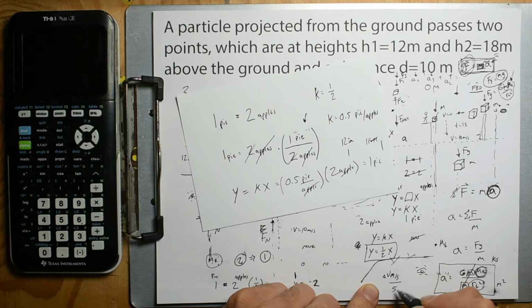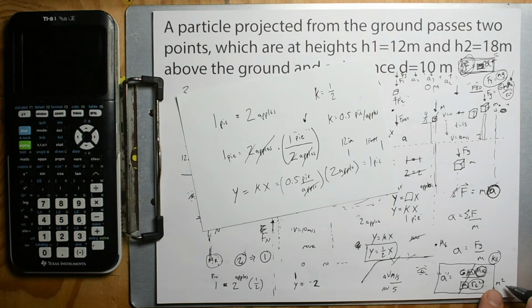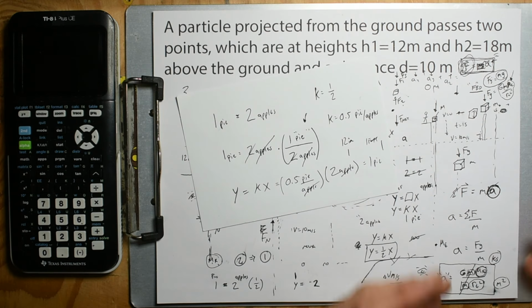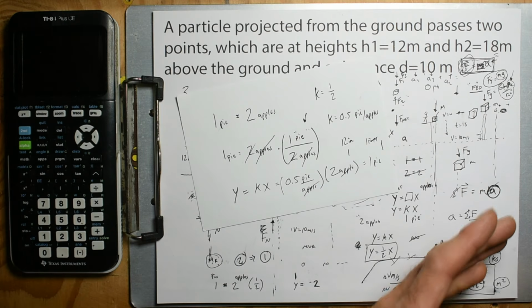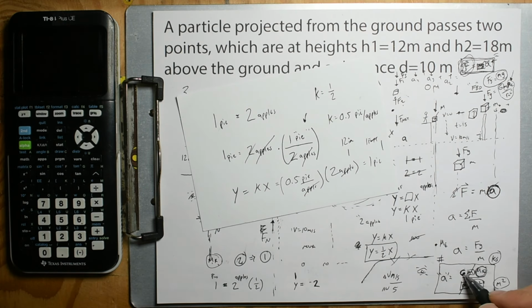It's going to be a change in velocity over change in time. Kilograms is not meters or seconds, and meters squared is not just 1 meter. So we need a proportionality constant to cancel the units as well as give us the appropriate number. And that's all that is.